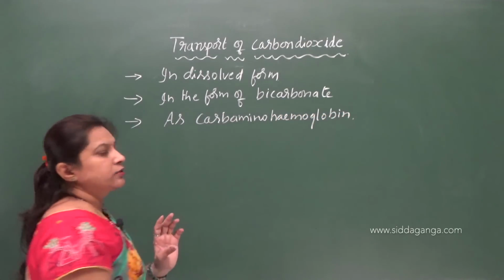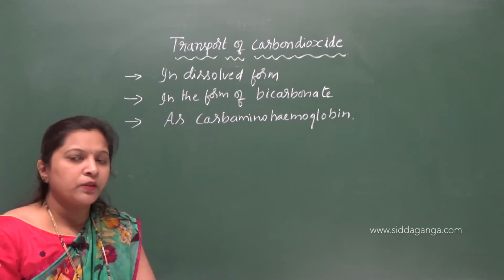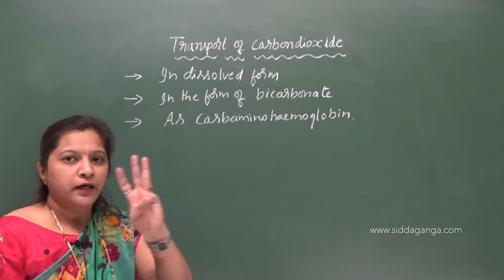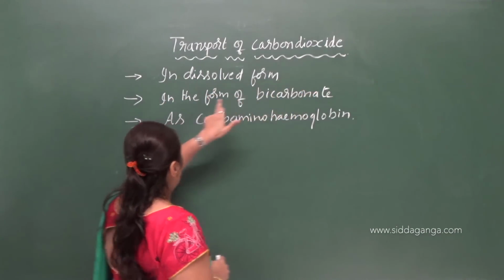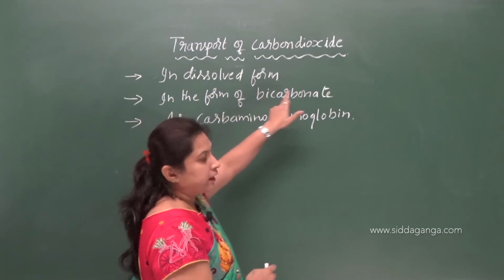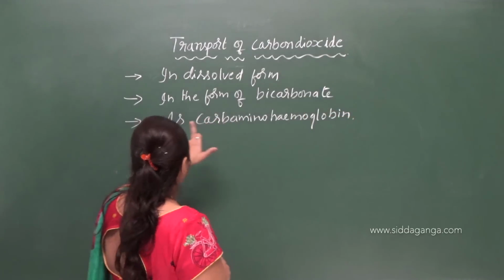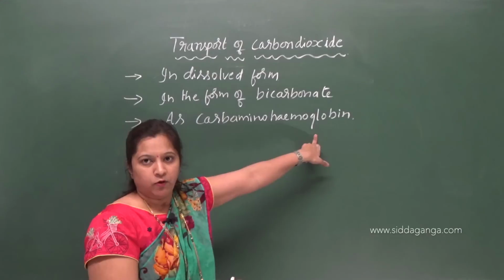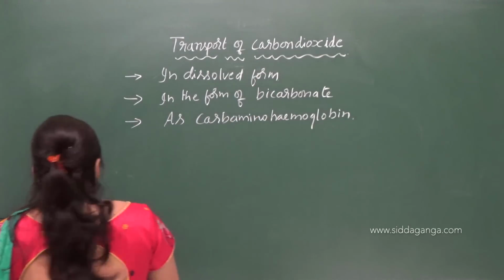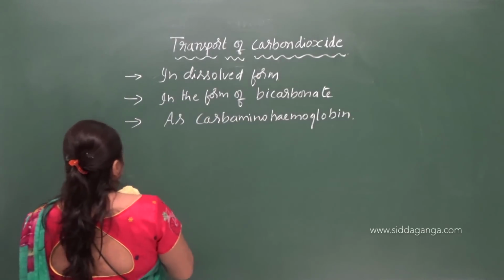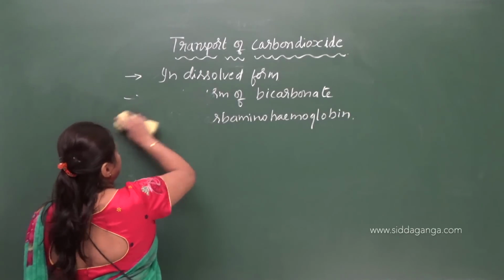So the blood transports carbon dioxide from the body tissues to lungs in dissolved form, in the form of bicarbonate ions, and as carbaminohemoglobin. Let us discuss one by one, and see how carbon dioxide is transported by the blood in these three ways.